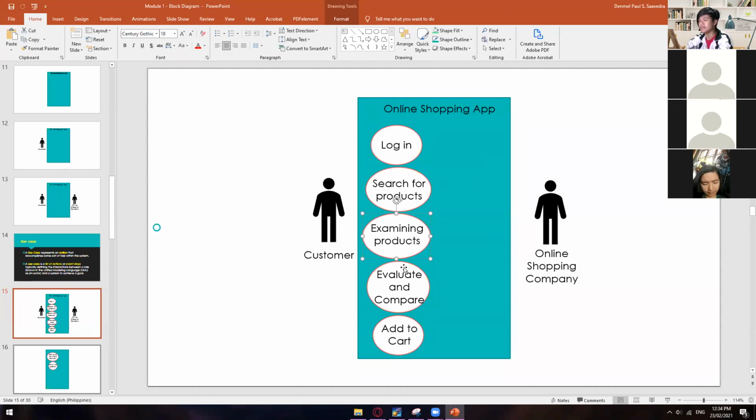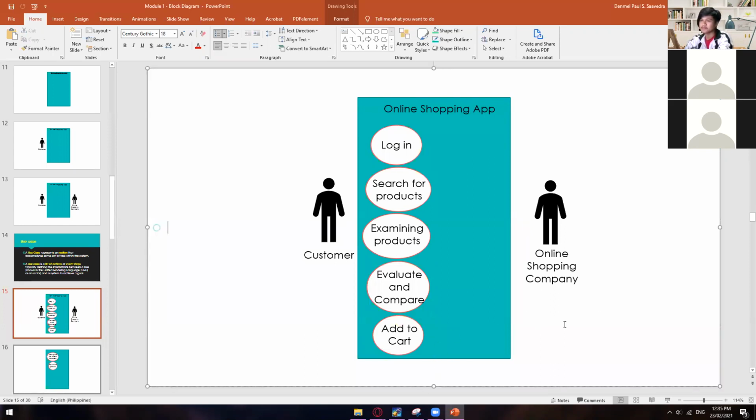And then maybe once you really like the product, that's the time that you can evaluate and compare it. So the comments, you're going to check the comments if the feedback is really good, and then compare it with other products that you have seen also, wherein it seems that this one is better than this one. So comparing, and then lastly, once you really decided what product you're going to buy, that's the time that you're going to add to cart that product.